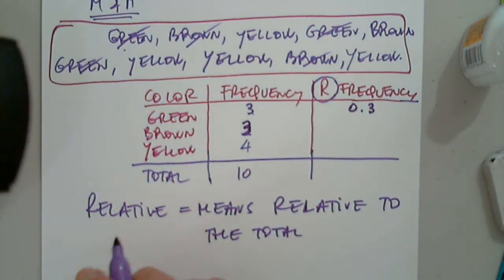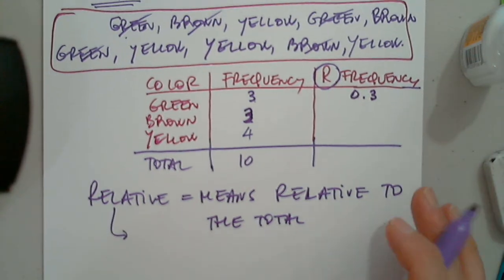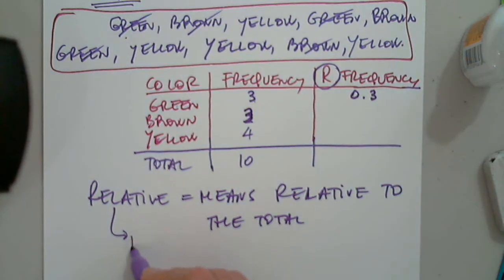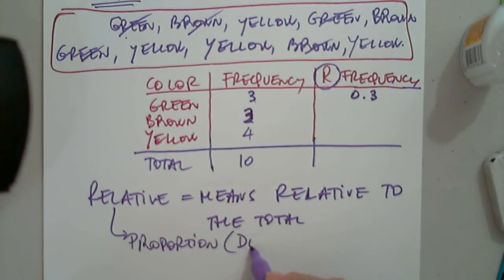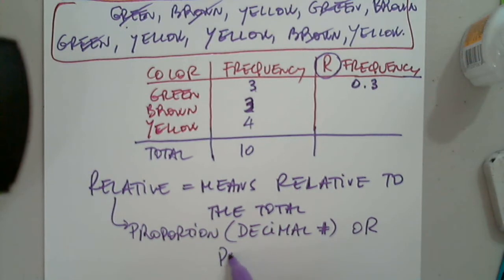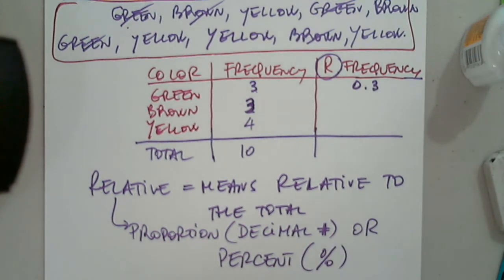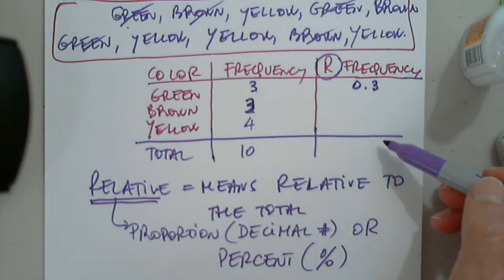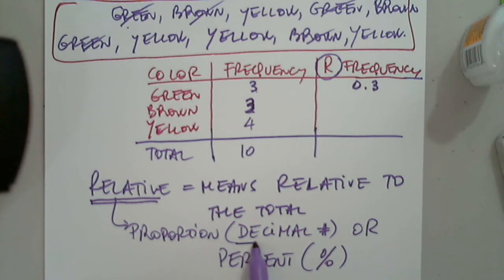Remember, the relative frequency will always be either a percent or a proportion, in other words a decimal number. So it will always be in a decimal form or in a percent form.